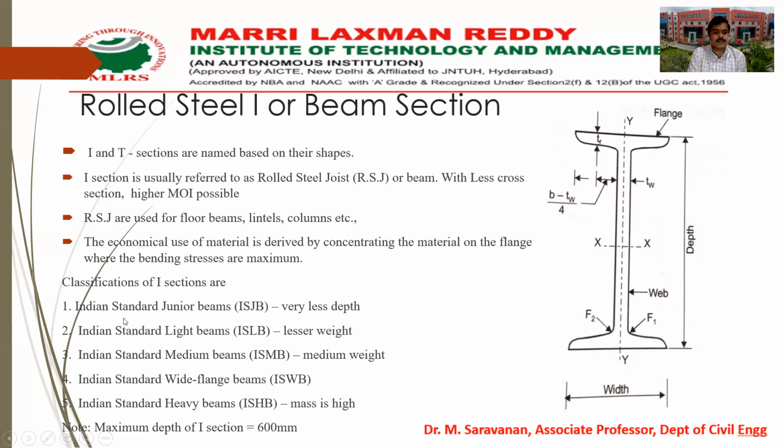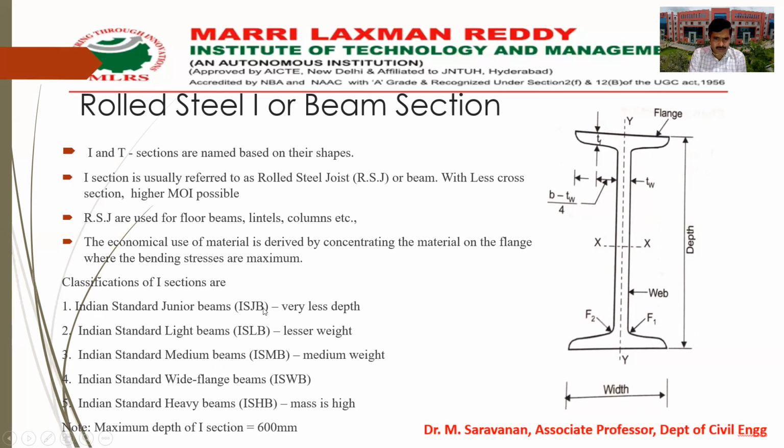Classification of I sections: Indian Standard Junior Beam, that is ISJB, Indian Standard Lightweight Beam, ISLB, Indian Standard Medium Weight Beam, ISMB, Indian Standard Wide Flange Beam, ISWB, Indian Standard Heavy Beam, ISHB.